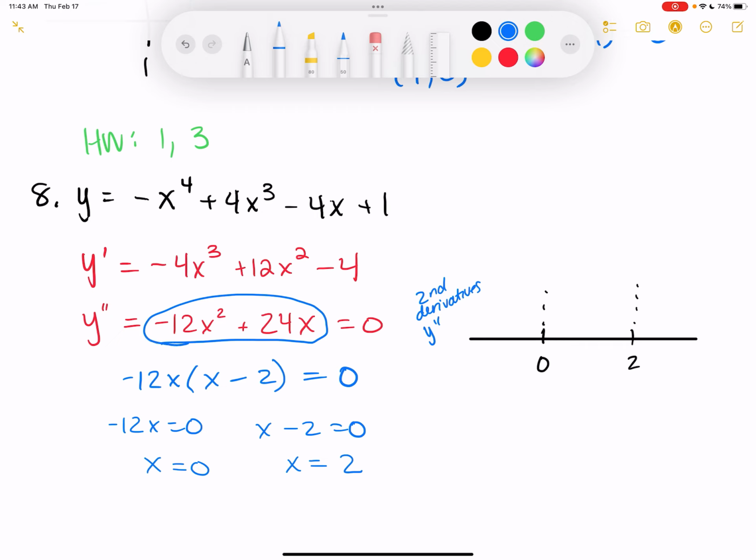So if I put in negative 1, is the result positive or negative? Negative. Between 0 and 2, so if I plug in 1 into the second derivative, is it positive or negative?